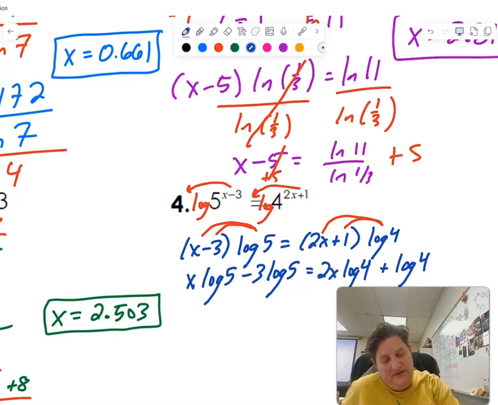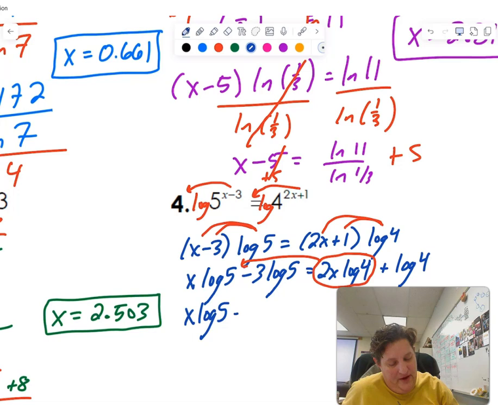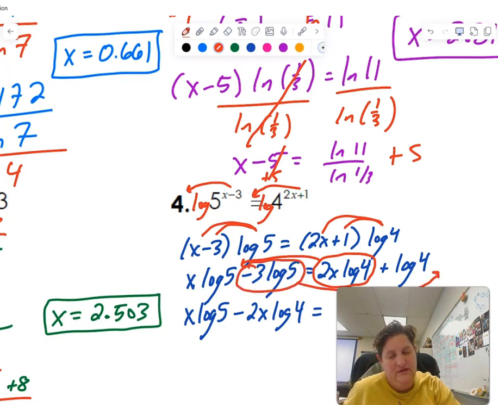Now we want to get the x's on the same side. I'm going to go ahead and subtract this one over here to this one. So it's going to say x log 5, and when I bring that over, it'll be minus 2x log 4. And then I'm going to add this one to this side. So this side will say log 4 plus 3 log 5.